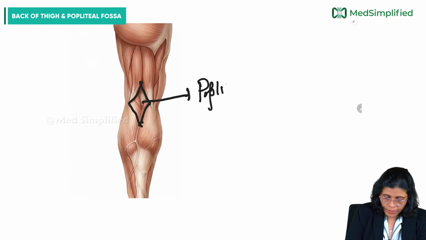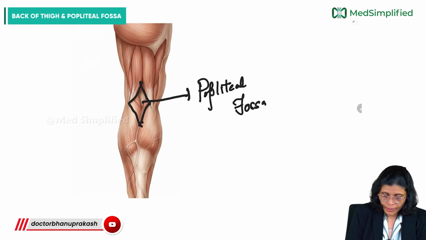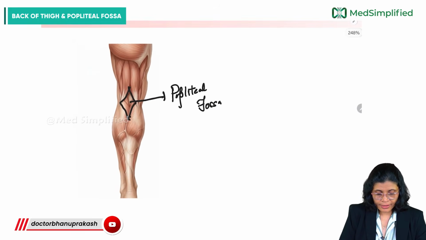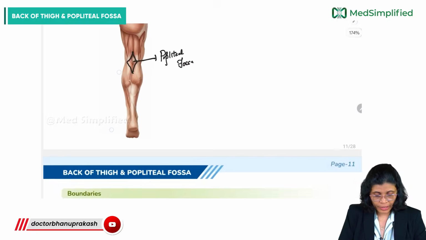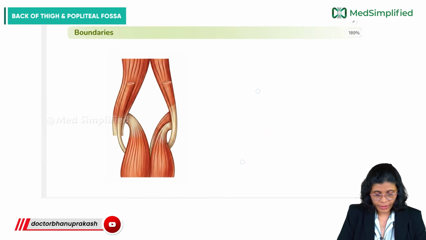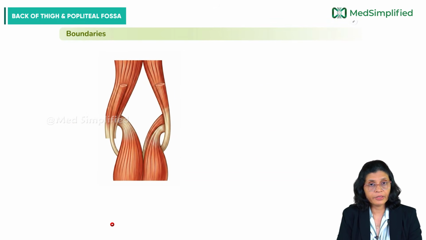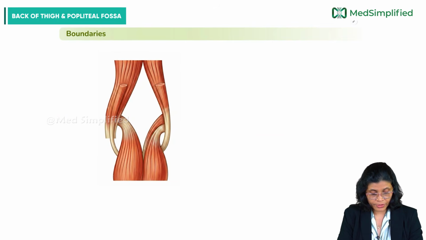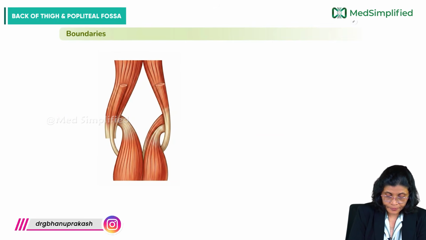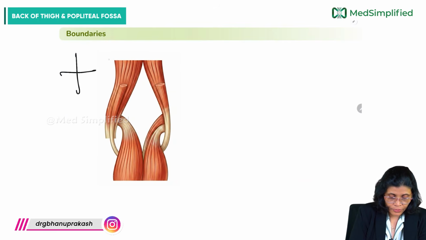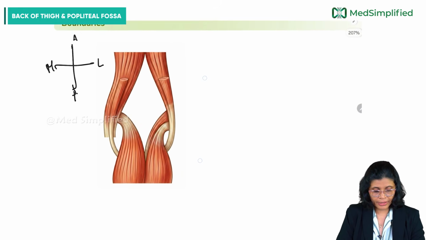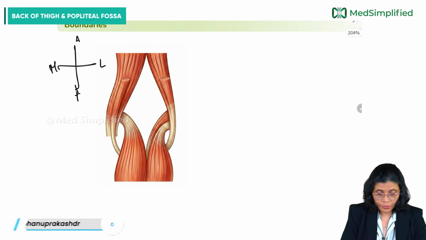This is the popliteal fossa. Since it is diamond shaped, it will have 4 boundaries. So here, this is the lateral, this is medial, and superior and inferior.